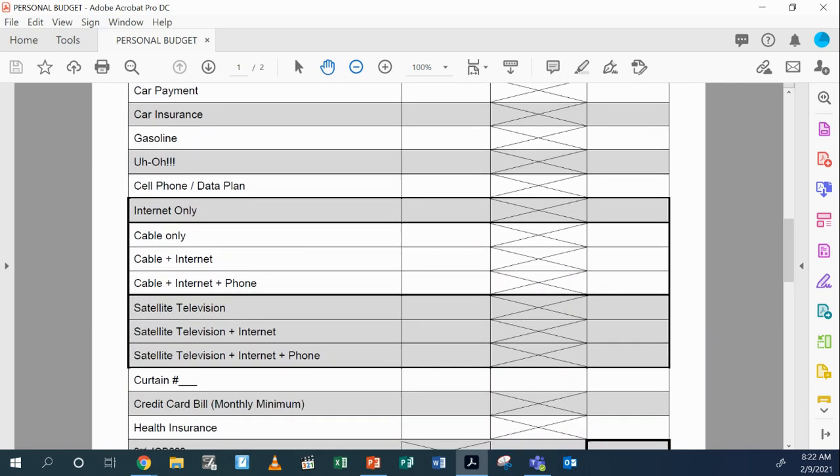If we come down here, this part right here is our optional. This is all optional in here. So you don't have to get any of these things, internet all the way down to the satellite, all optional. Matter of fact, on the screen, when I put it up, you'll see it. But this is only 2 points, because if you choose one, you're just going to choose one of those.